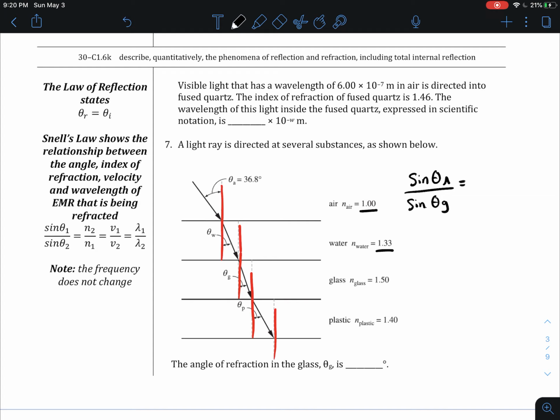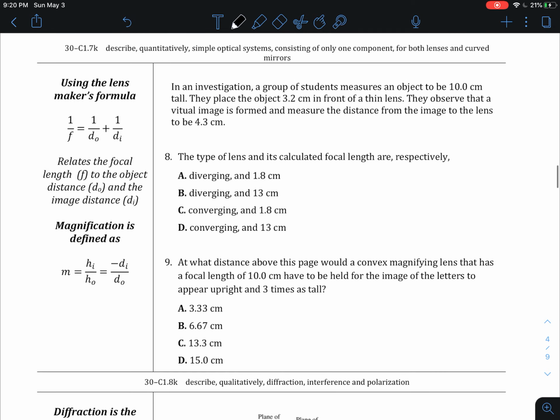Remember that index is always inverse of everything else. So in this case, we're using index of glass on top, and then index of air down below. We are trying to solve for theta g here. The question above is also just using a ratio, this time using 1.46. And for visible light in air, we need to remember that air always has the value of 1.00 for an index of refraction.